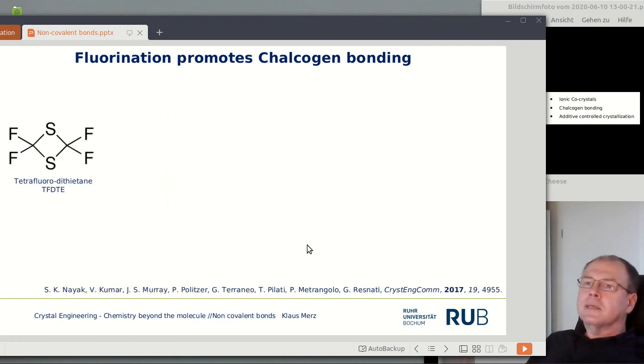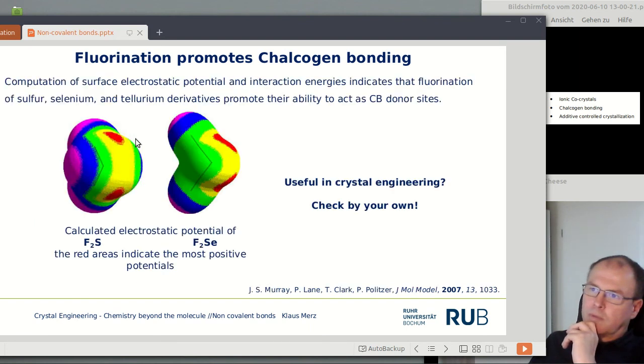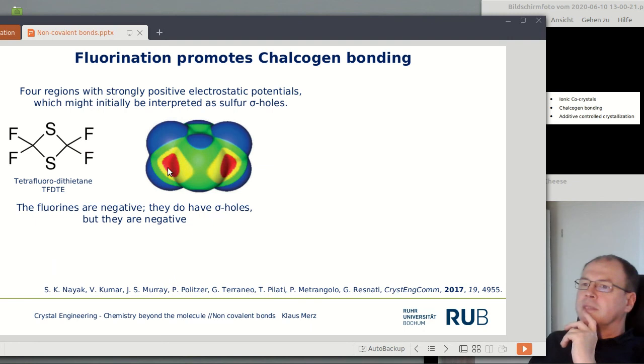Here is tetrafluorodisulfur-ethane. If you look at the electrostatic potential map, it's exactly what we would expect. We see here sigma holes, a region with strongly positive electrostatic potential, which might initially be interpreted as sulfur sigma holes.